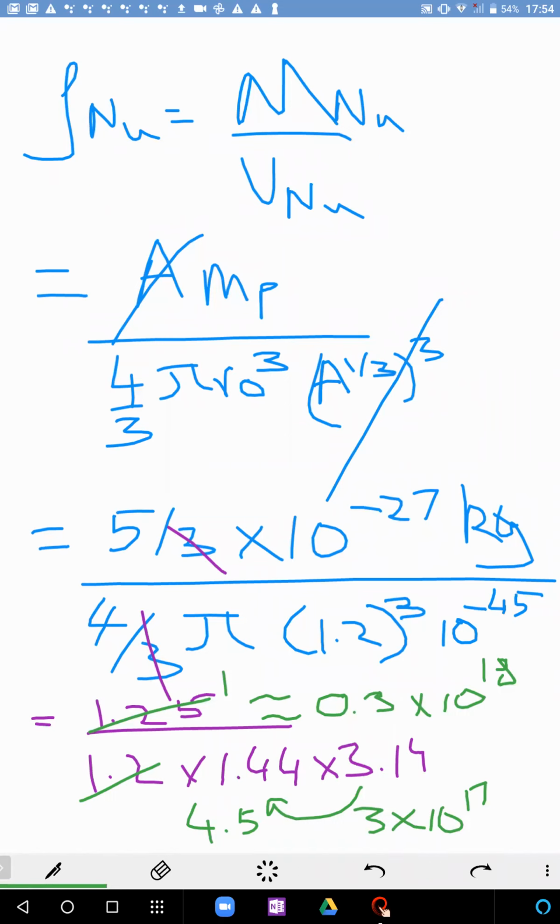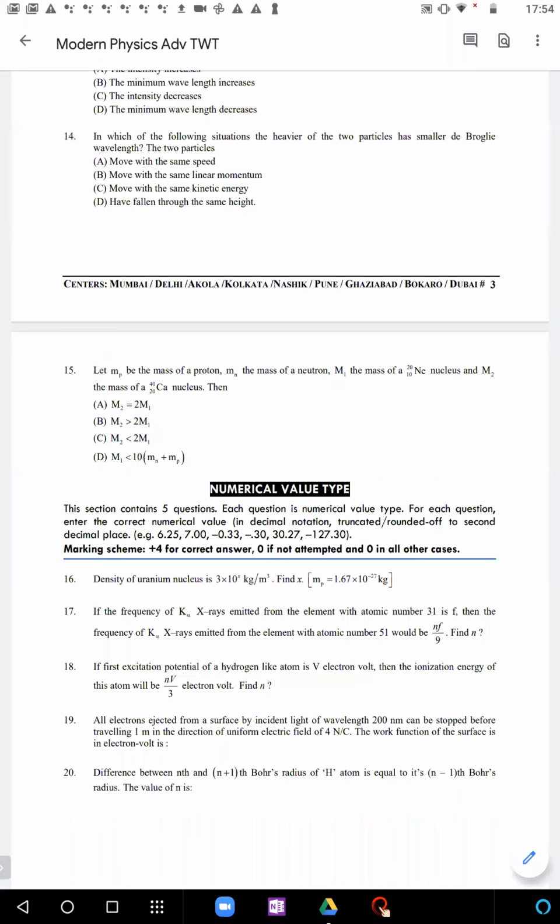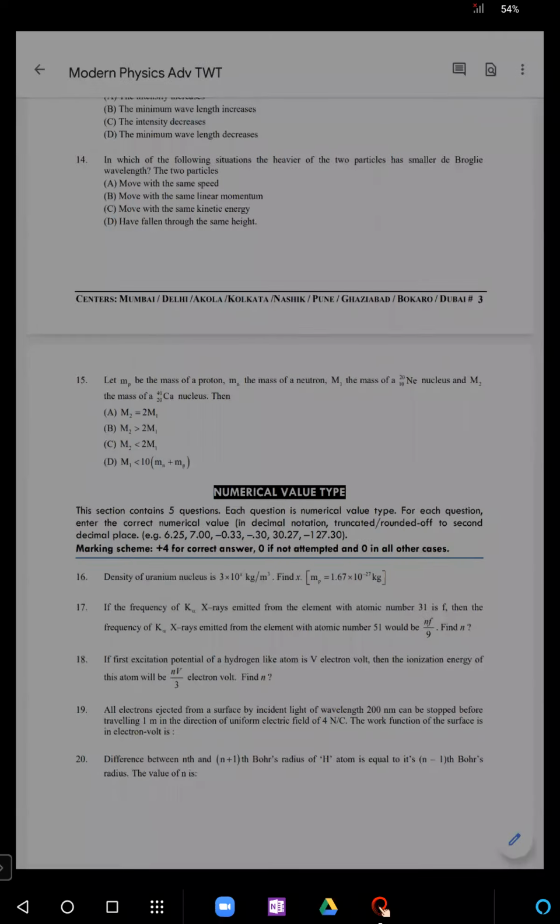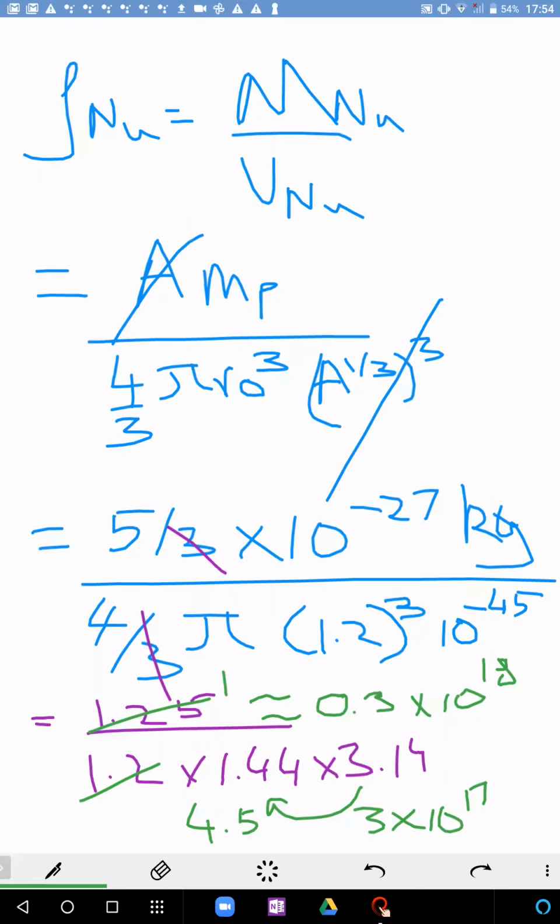Check exactly. 3 into 10 to the power 17. इसके आसपास is the density of the nucleus. Cool. Anything else, guys? है तो पूछो. We have 5 more minutes. Go through the paper, see if there's anything else you want to ask.